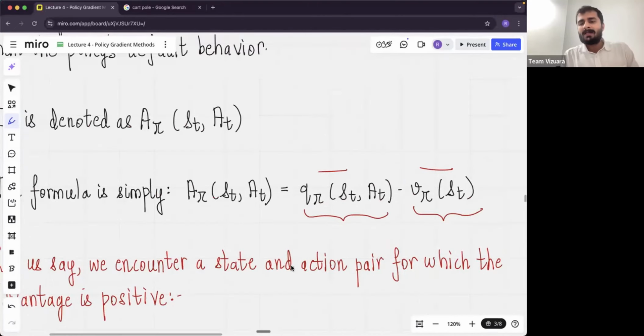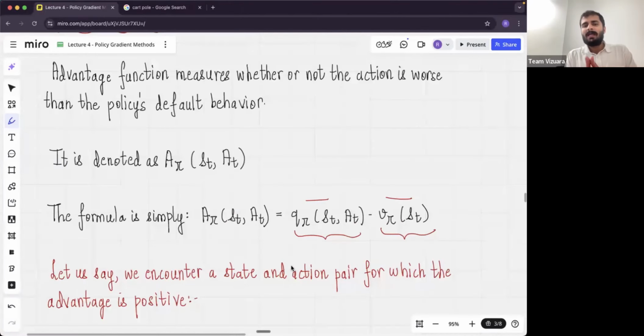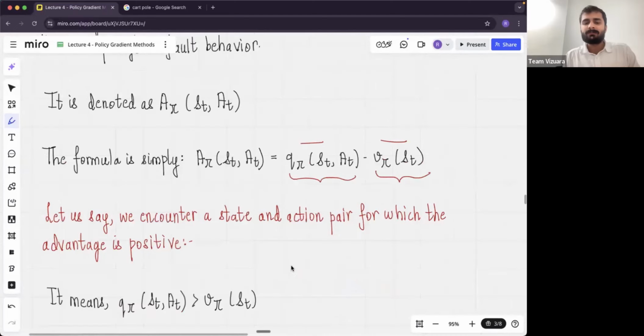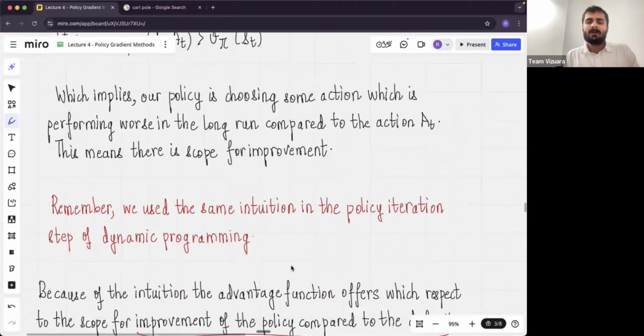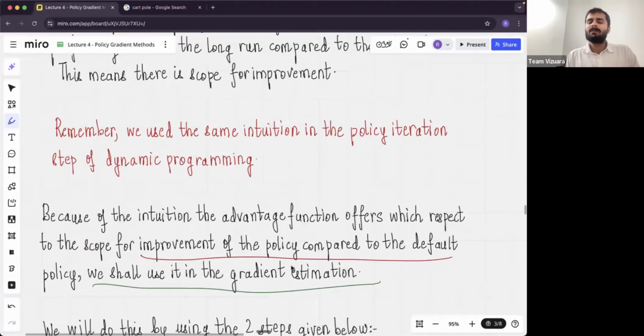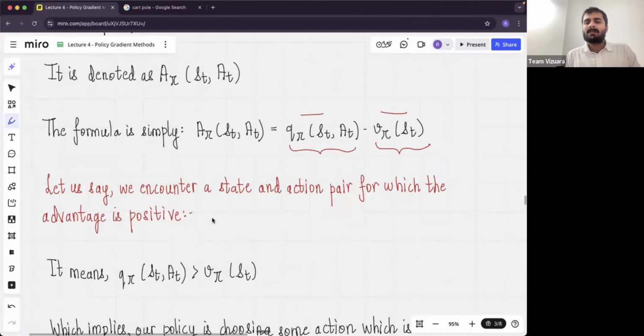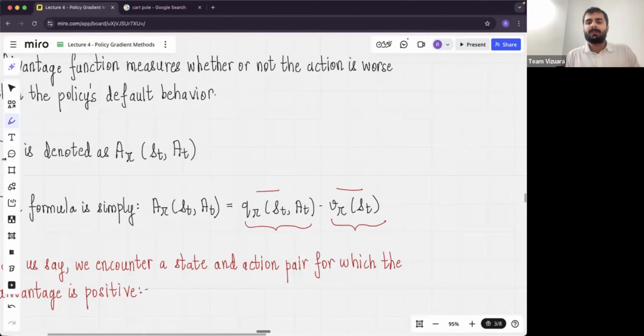And the intuition behind this advantage is that it's really telling us whether or not the action is better or worse than the policy's default behavior. So let's try to understand this with a simple example. Let's consider a case where there is one specific state, and there are four actions in that state.